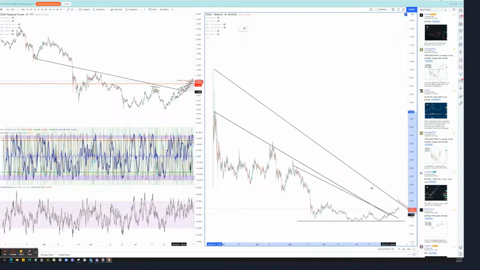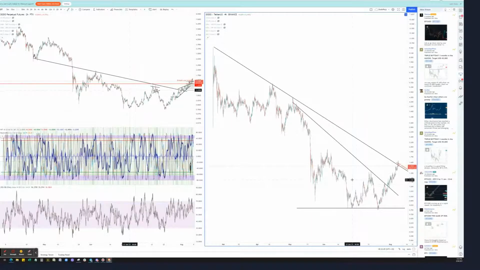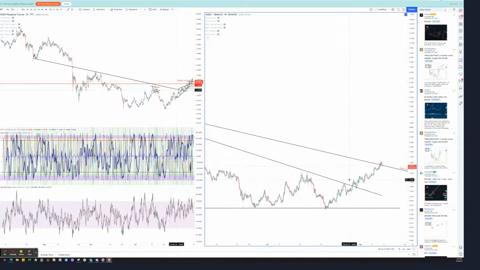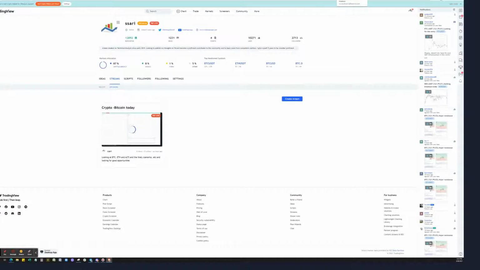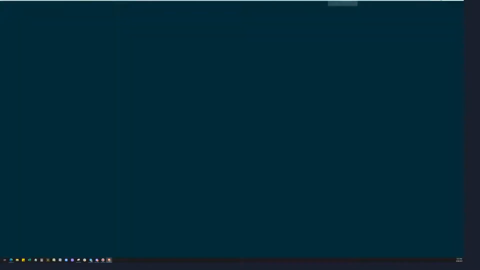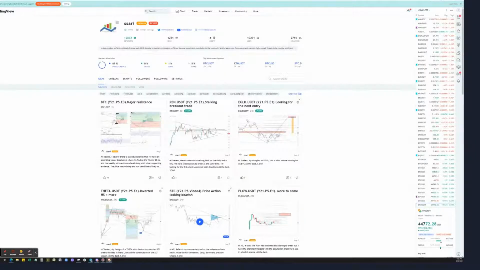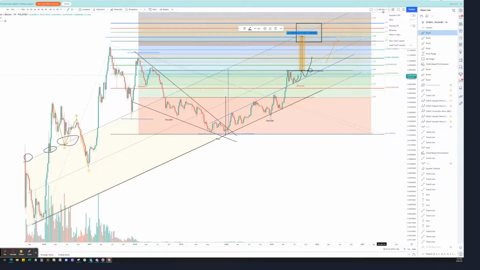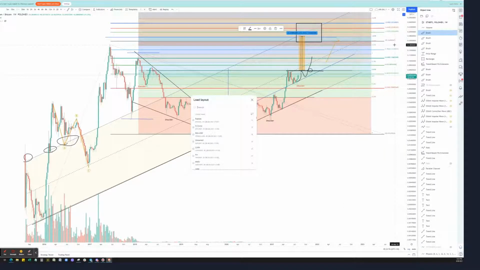No, that doesn't work. So the log's the one that works. Keep an eye on that one, that's for sure. Get rid of that. Okay, so I don't have my Ethereum chart open. What I'll do is load Ethereum.